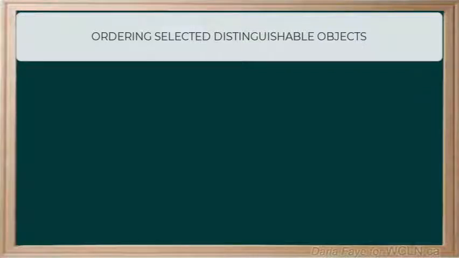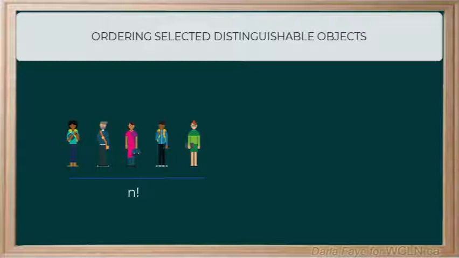So far, we have learned to calculate the number of possible permutations when we order all of the distinguishable objects that are available to us. So for example, we have calculated the number of permutations when a class of students line up for their photo. In this scenario, all of the students are lined up and each of the students are distinguishable from one another.